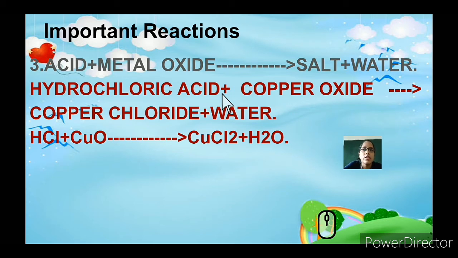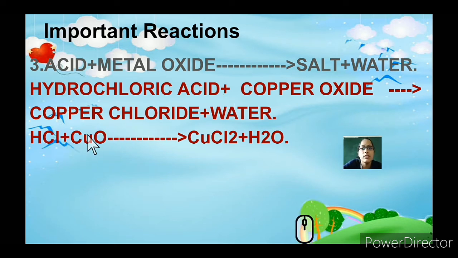So next we will see acid plus metal oxide gives rise to salt and water. Previously we have already discussed this. Just going through an example, hydrochloric acid when it reacts with copper oxide gives rise to copper chloride and water.